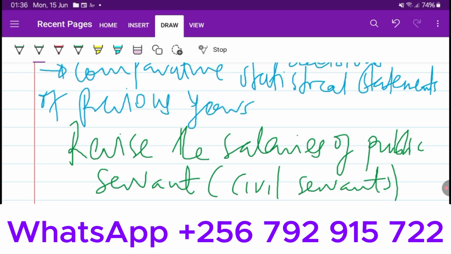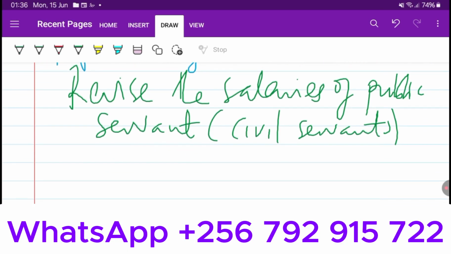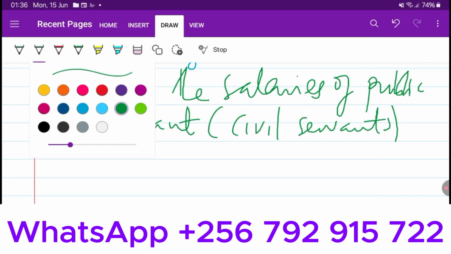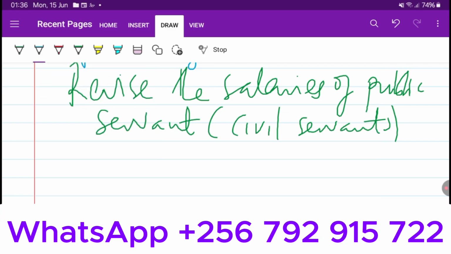So you find that the government is going to use statistical tools, and they are going to employ these tools so that they can determine how much they can put as the new salary for public servants. Of course, they will look at things to do with the rise in the cost of living.